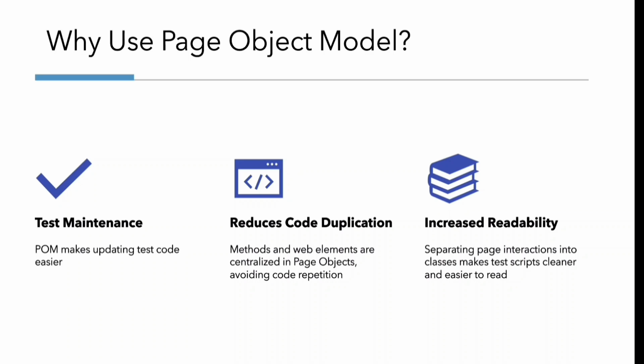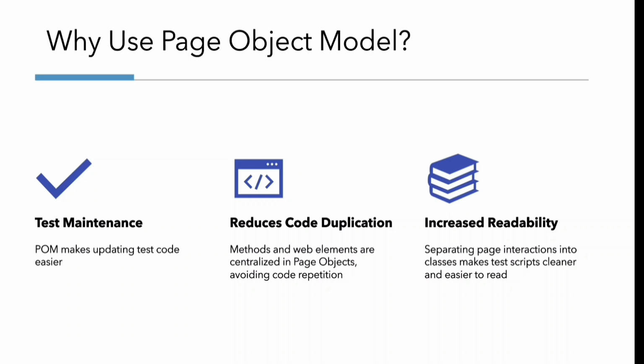Another benefit is that it reduces code duplication. Sometimes we duplicate our code, and sometimes the same page element is used in different scripts. Instead of that duplication, we just create a simple page element and use it in different methods.